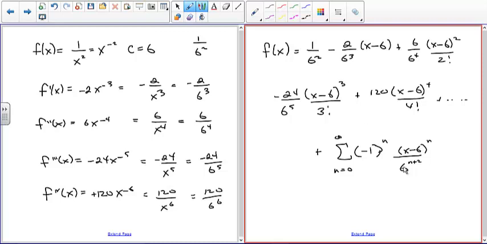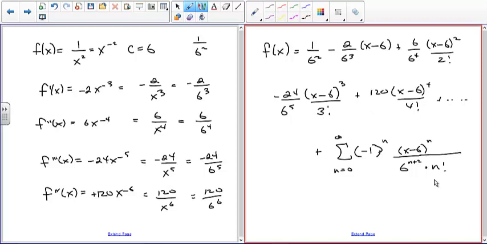X minus 6 to the 1st power is x minus 6, and so forth. So that gets taken care of. And then in addition, you're going to have n factorial, I think. So here 0 factorial is 1, 1 factorial is 1, 2 factorial is 2 factorial, 3 factorial is 3 factorial.